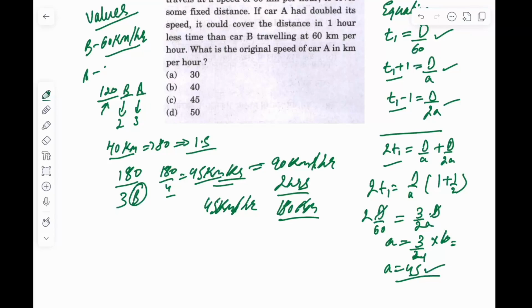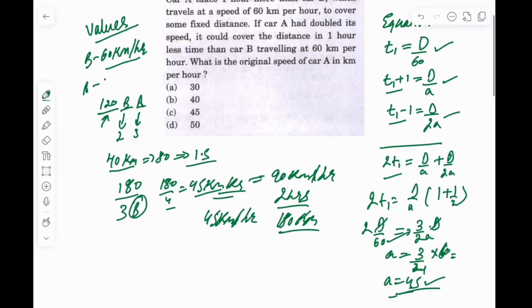I substituted this value for T1 and I got this, and then A is equal to 3 by 4 times 60. That was the value because this goes here and A comes here and this value comes down. So I get 3 by 4, A is equal to 45.